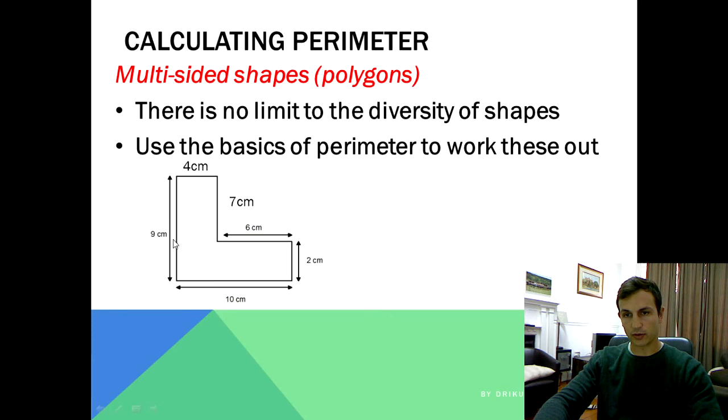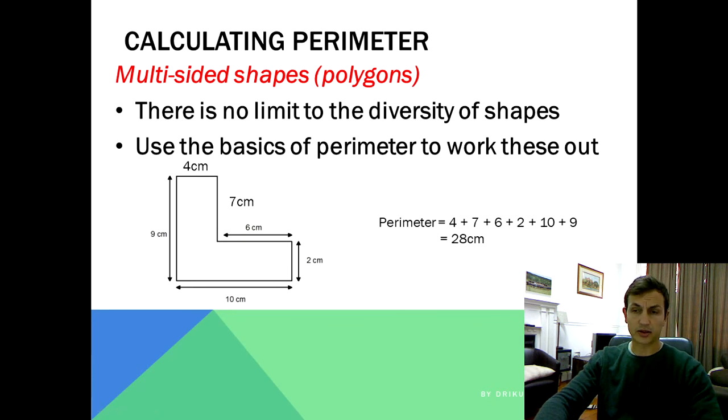And the same is true for this side over here. If we know that this side is 10 centimeters and that is 6, then we can subtract 6 from 10 to get 4. So that's how you get those unknown sides.